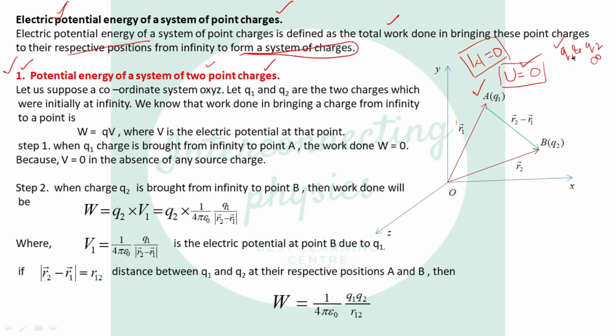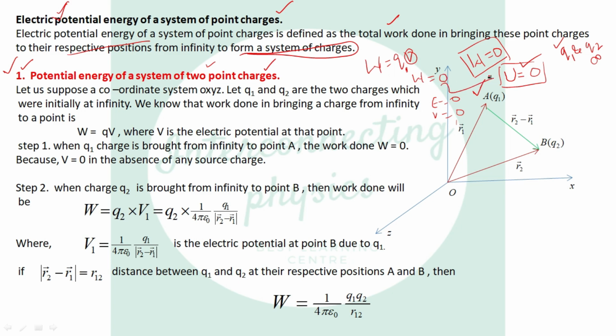We are bringing the Q1 charge from infinity to point A, where no charge is present. So if there is no charge, then the electric field will be 0 here, and the potential will be 0 here. If the potential is 0 here, then the work done will be equal to Q into V. So the work done in bringing the Q1 charge, in which potential? No potential is here, so the potential will be 0, and the work done in bringing a single charge is equal to 0.